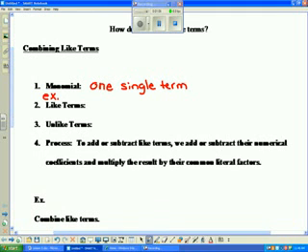Give me something with variables now. X, okay. What else? 2x, x cubed, x squared. These are all monomials because they're one term. There's only one of them.